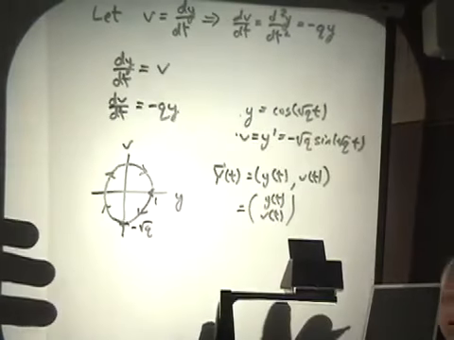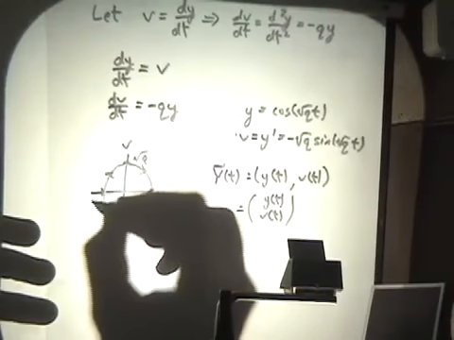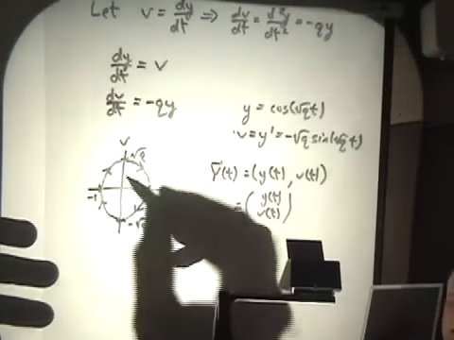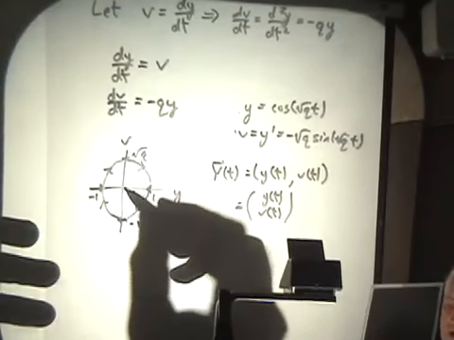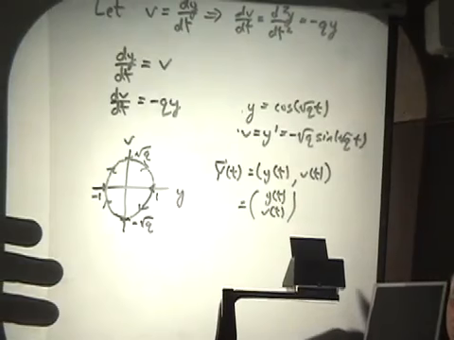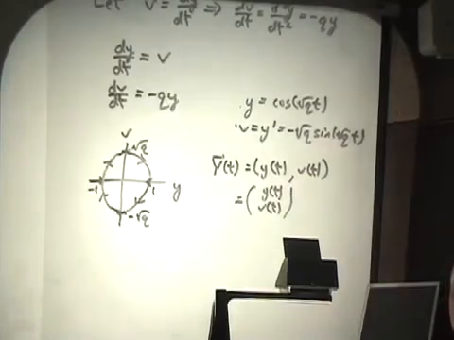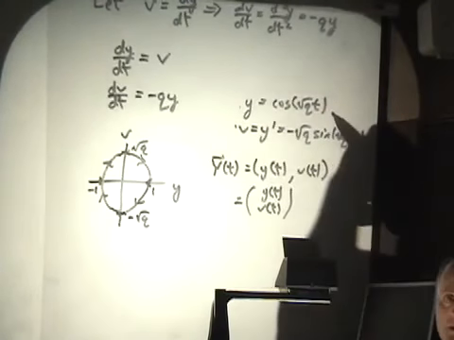It's also possible to prove that this curve is lying on an ellipse with a semi-major axis of square root of q and a semi-minor axis of 1, if q is bigger than 1. That's the parametric curve. That's the solution curve in the phase plane that this particular solution will generate.